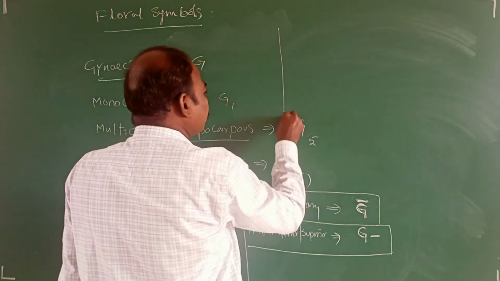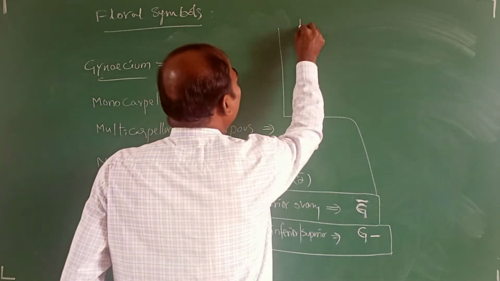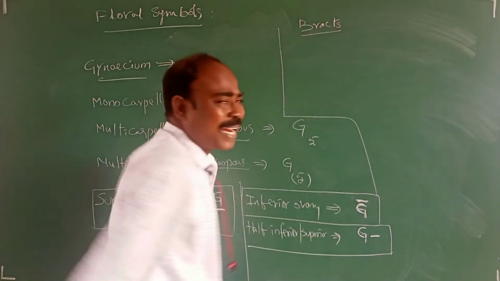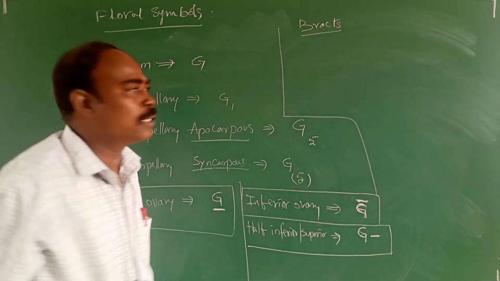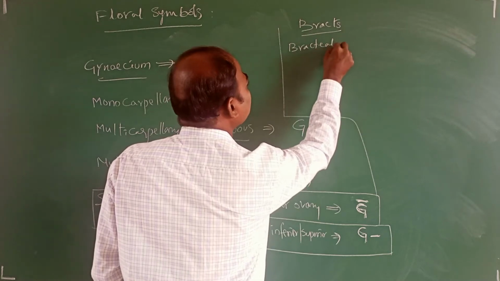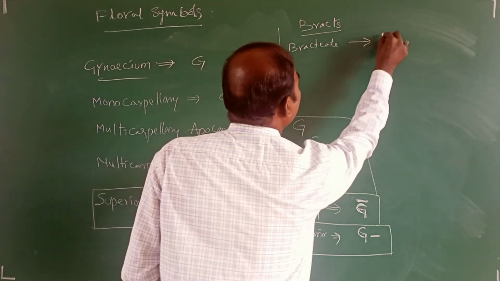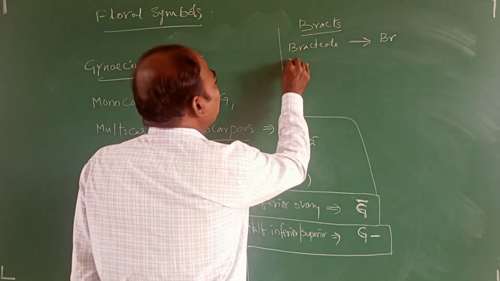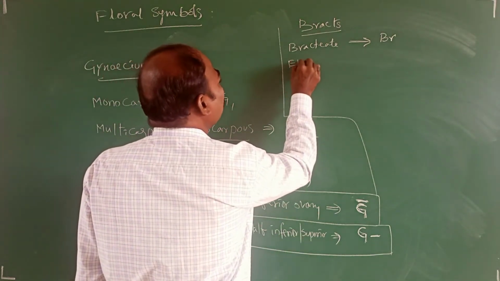Next, bracts. If bracts are present, the flower is bracteate, with the symbol BR. If bracts are absent, what is it called?